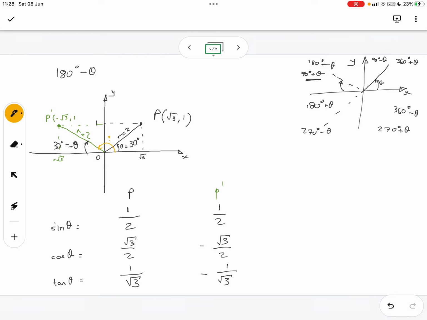If that angle equals 30 degrees, what's the size of this angle here? If this straight line gives us 180 degrees, and we want to come to this line, how much do we subtract there?